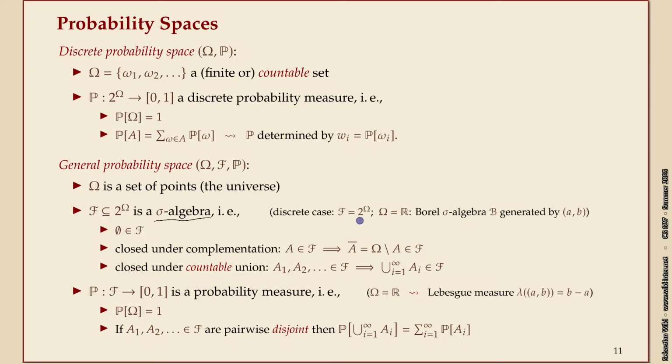In the discrete case, just take the power set, but in general, you want a restricted set. We always need that the empty set is in there, and then we want closure properties. Whenever some set is in F, then the complement set is in F, and any countable union of sets in F is also in F.